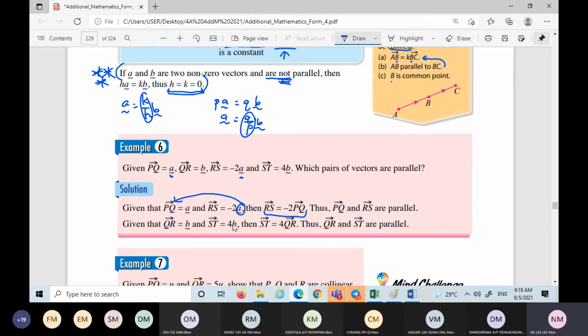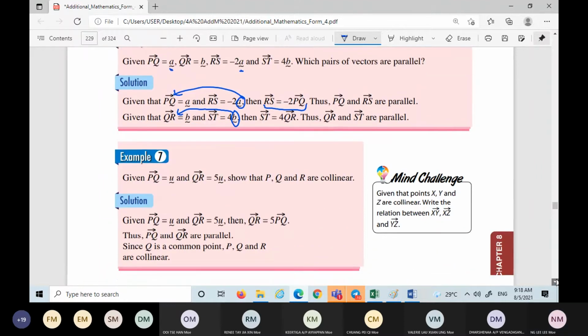For QR and ST, the same thing. ST is 4B, the B is replaced with QR, so ST is equal to 4QR. Then QR and ST are parallel. So this is quite simple.